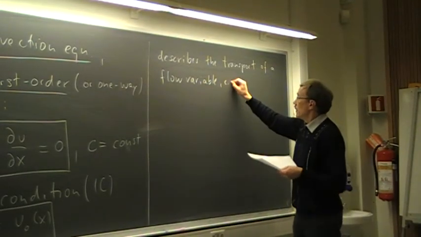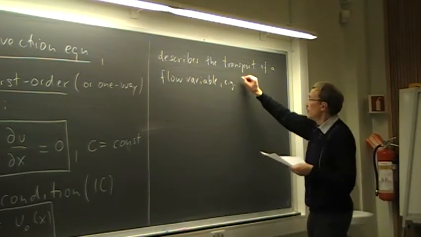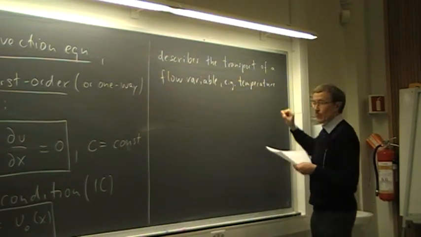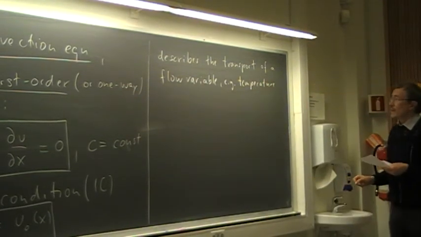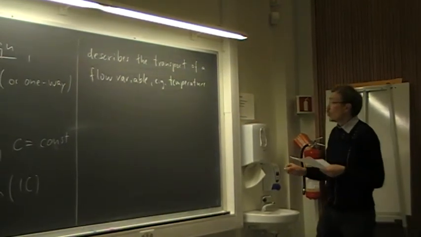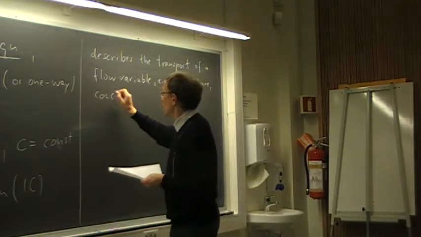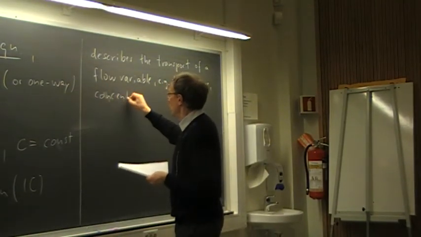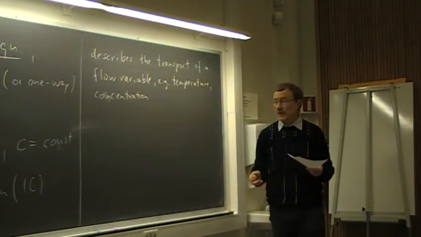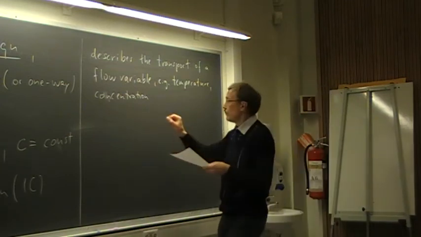But examples that we shall consider are temperature. I think that is the example that we shall consider in the exercise, the next exercise, exercise 6. But it could also be concentration. Concentration in a liquid or gas or whatever. It could be velocity, it could be pressure, and so on.